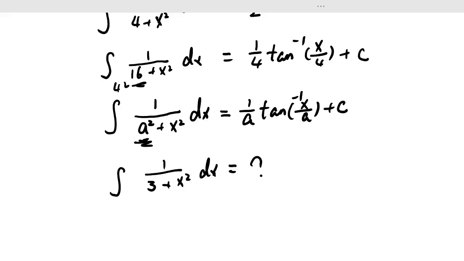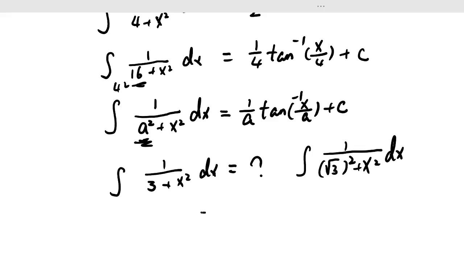We need a perfect square for this, right? The 3 is not a perfect square, but can we write something as a square for 3? Let's see, somebody already found out. We can write this as square root of 3 squared plus x squared dx.